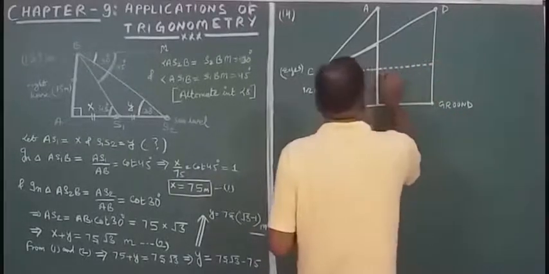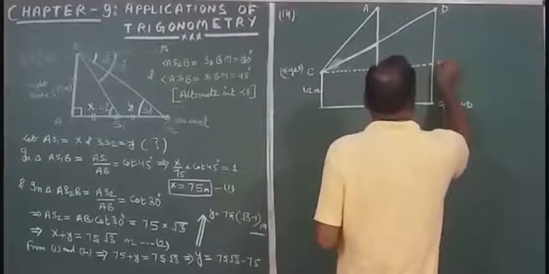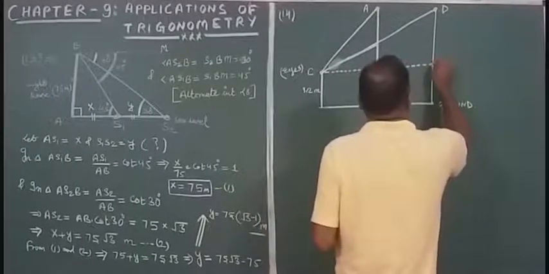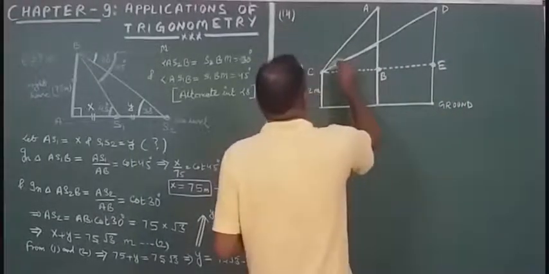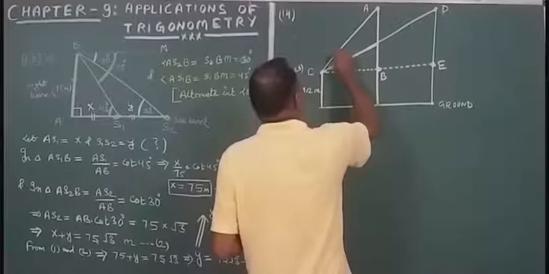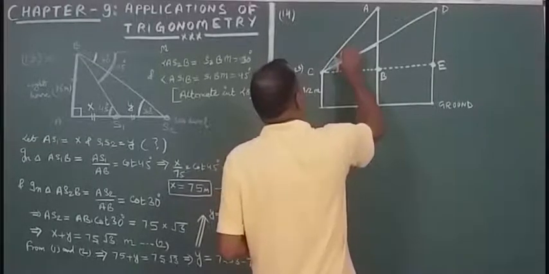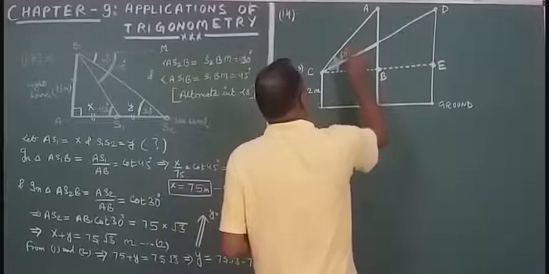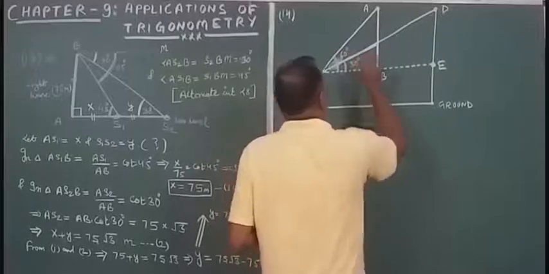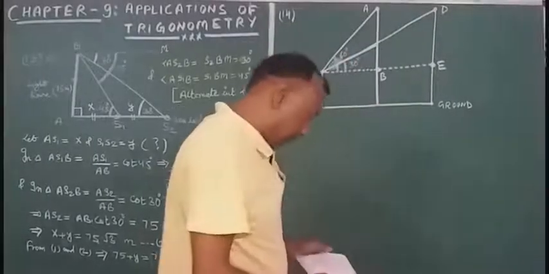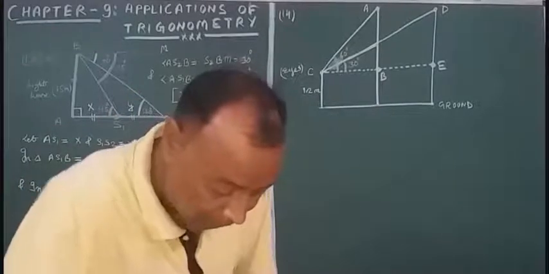So suppose this is the point B and this is point A, B, C, D, E. What is this angle? This whole angle was 60 degree. And this was 30 degree. The question is this: find the distance traveled by the balloon during the interval.